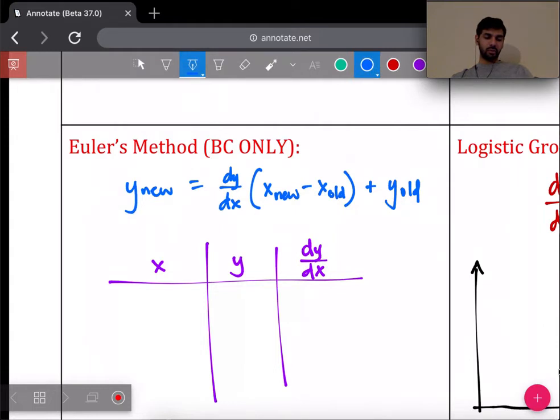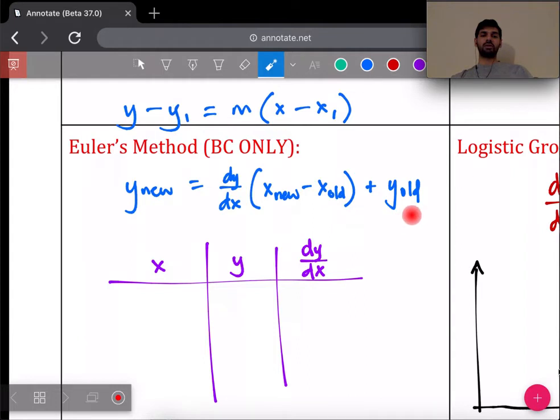It comes from y minus y1 equals m times x minus x1. Okay, m is dy dx. X minus x1 is x new minus x old. And y is y new, and y1 is being added to this other side as y old. So that's where this formula comes from right here. It all comes from the point slope formula.